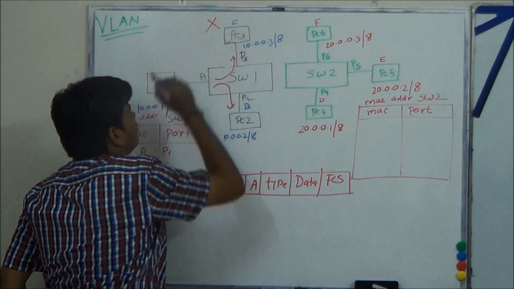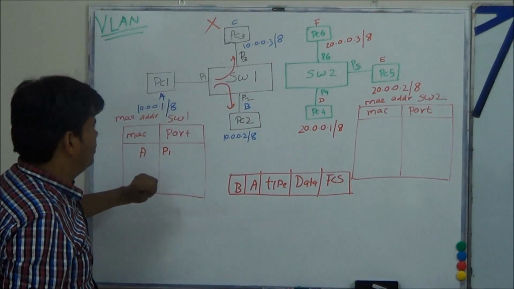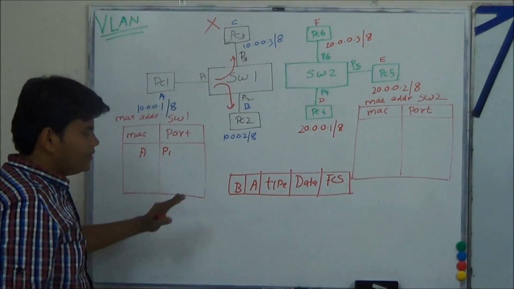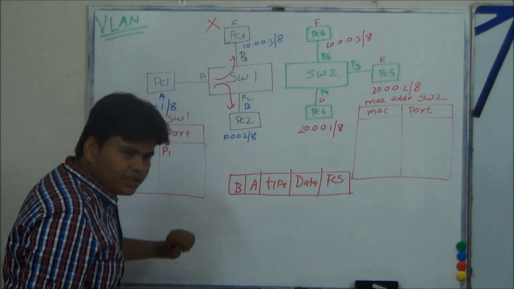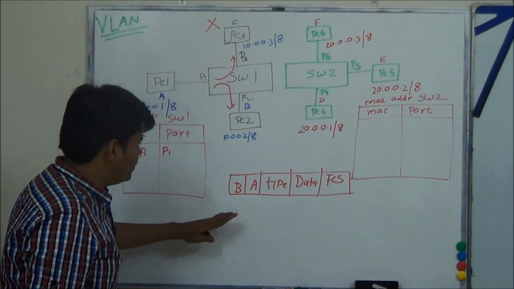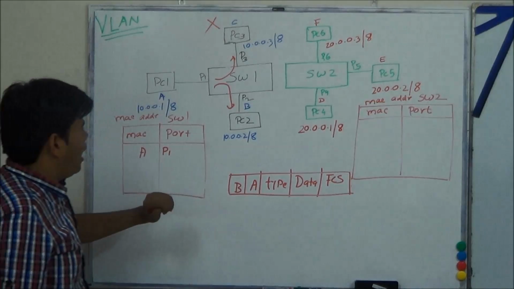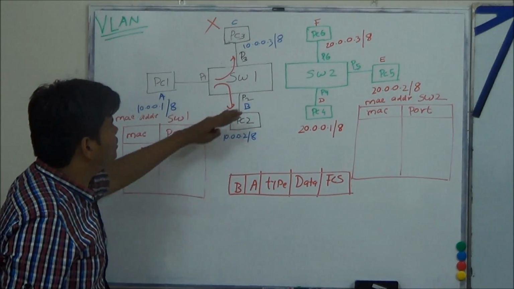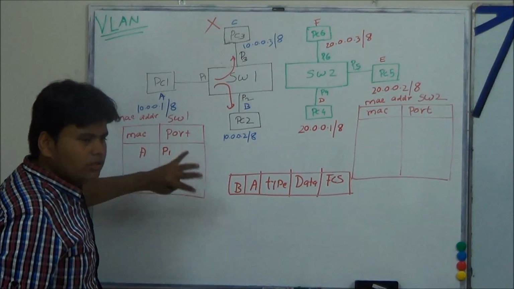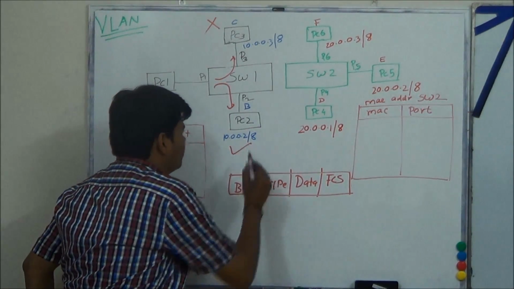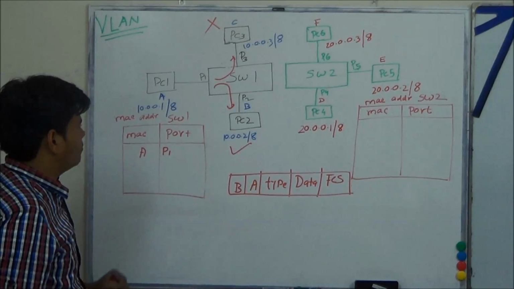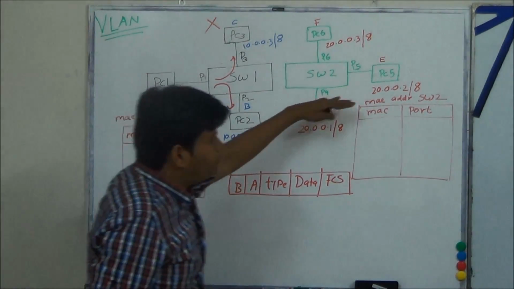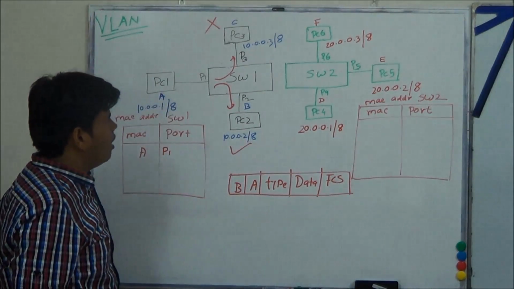Similarly, PC2 receives that frame and checks the destination MAC address, in this case B, and compares it with its own MAC address, which is B. Here it matches, so the frame is accepted at PC2. This concept is also applicable for the other switch.